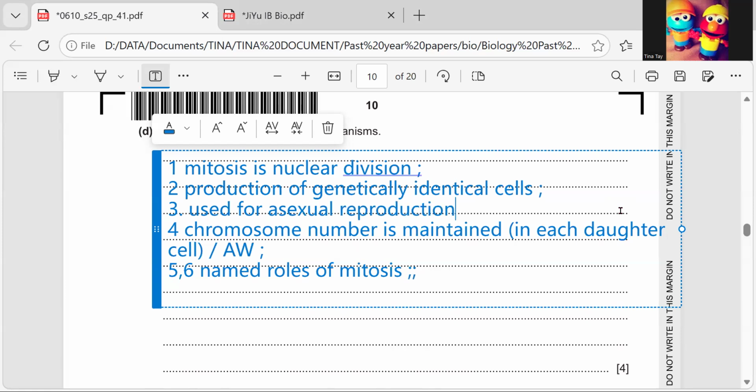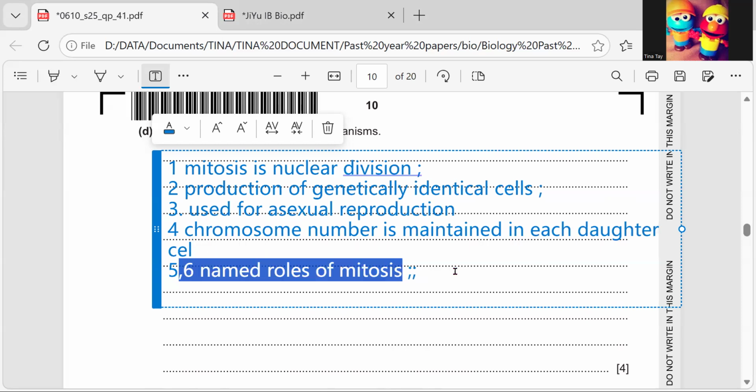And what else is it used for? Repairing tissue. Repair damaged tissue.